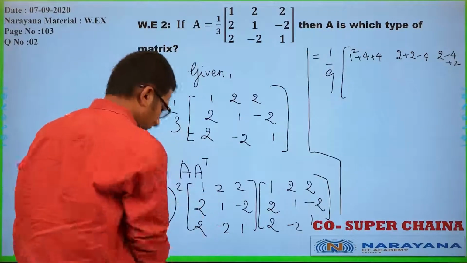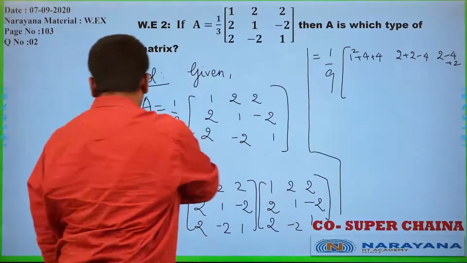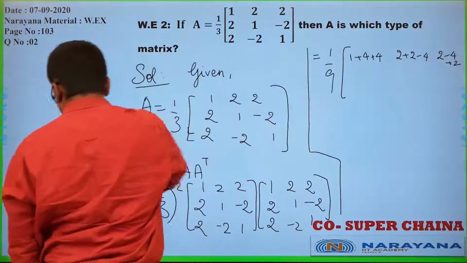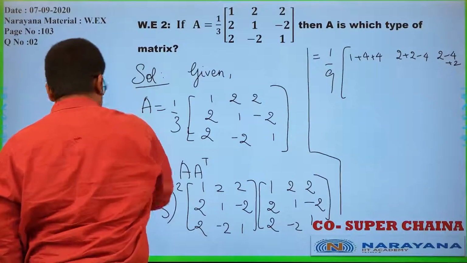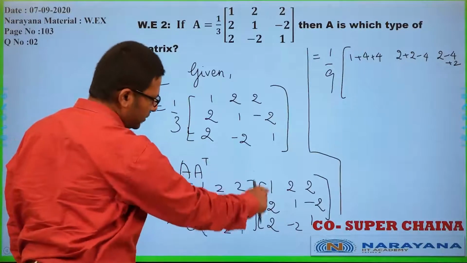If you look at this term, 1 square, we don't need to write it as square, we will just write it as 1 only. Then 2, 1, minus 2 into 1, 2, 2.